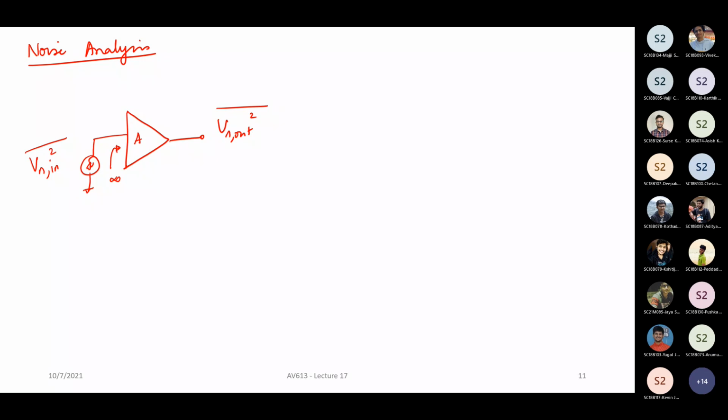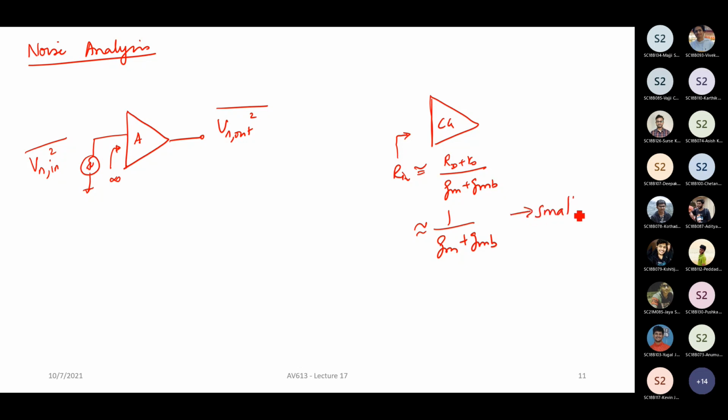But if you look at the common gate amplifier, the CG amplifier, the input impedance is quite low. What is the input impedance approximately? The actual expression was RD by RD plus r_o divided by gm plus gmb, or approximately you can say it is 1 over gm plus gmb. This is your input impedance, which is a small value.